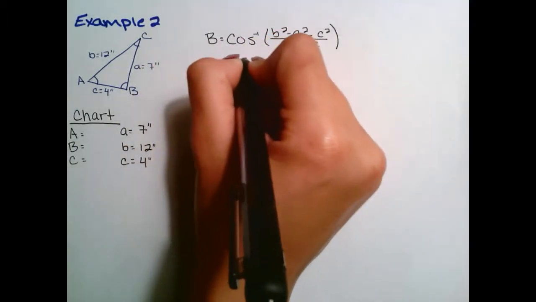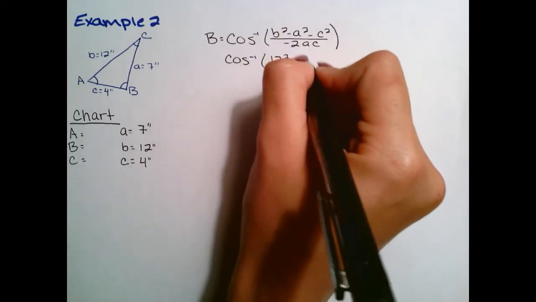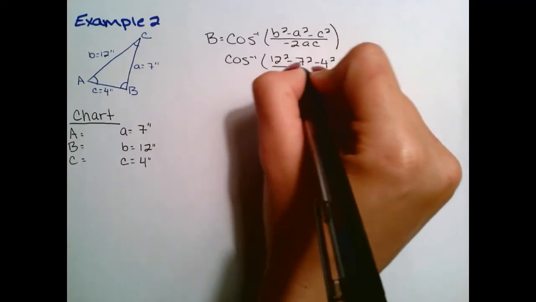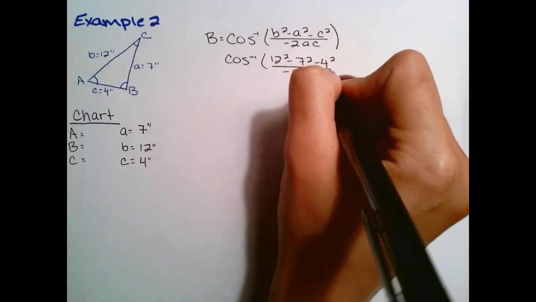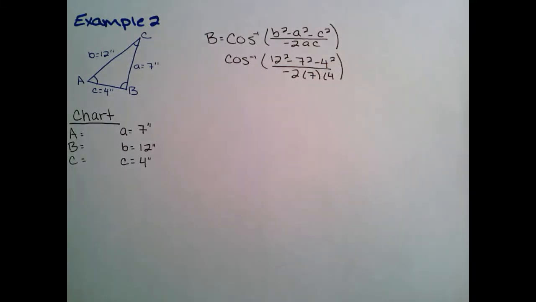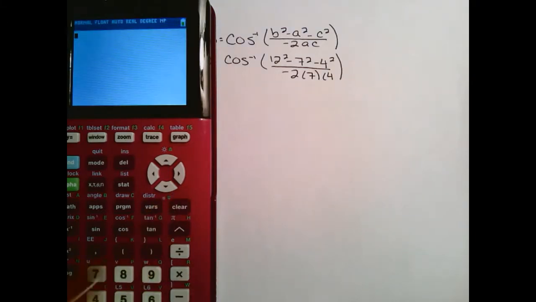So we have inverse cosine of 12 squared minus 7 squared minus 4 squared all over negative 2 times 7 and times 4. All right. So second cosine for that inverse, alpha y equals for the fraction, and now just fill in your numbers.